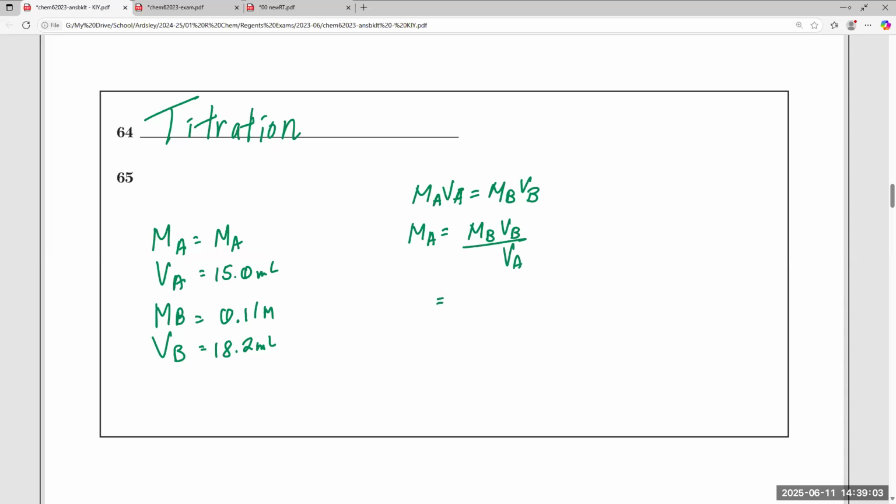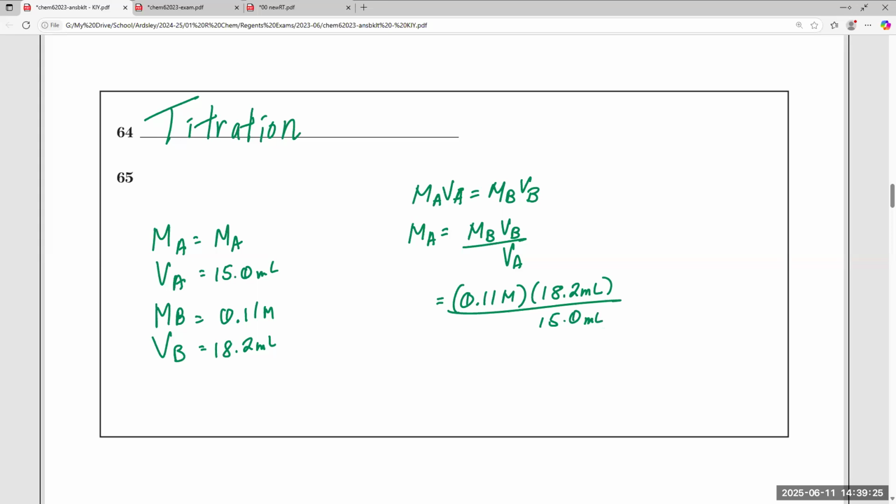Now, let's plug this in. We got an Mb, which is 0.11 molar. Vb is 18.2 milliliters all over 15.0 milliliters. Now, what do you notice? The milliliters cancel themselves out, so it's never a problem.